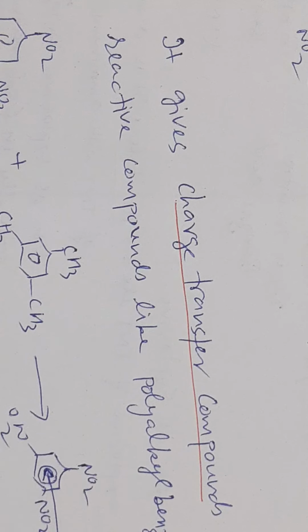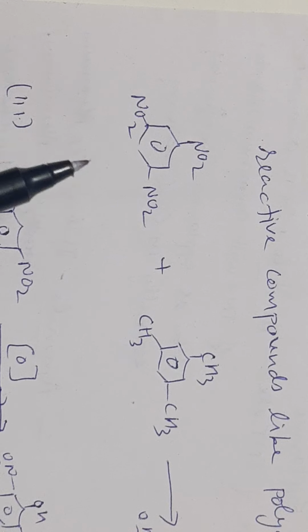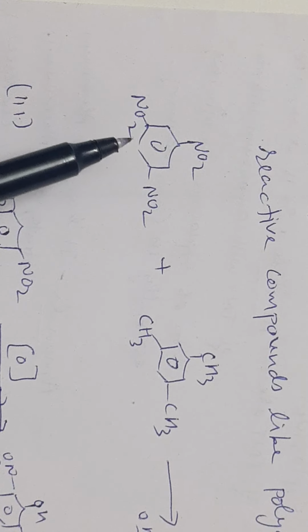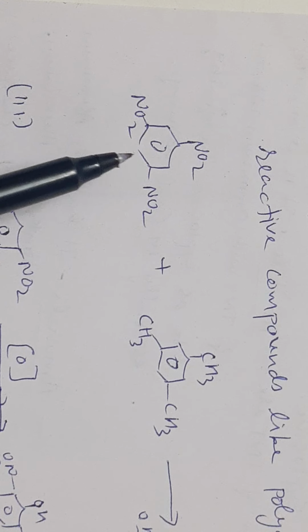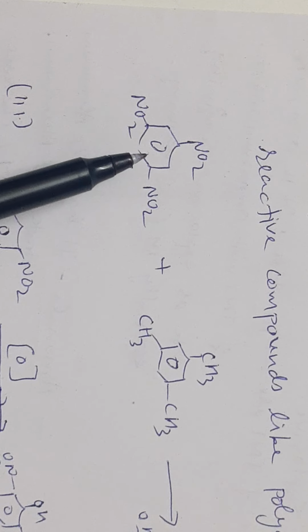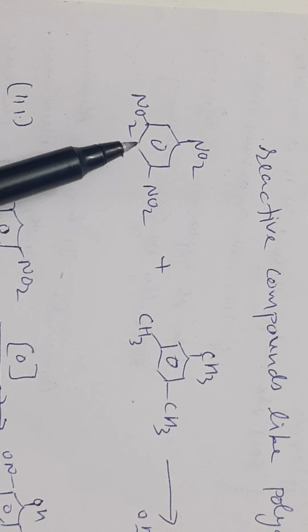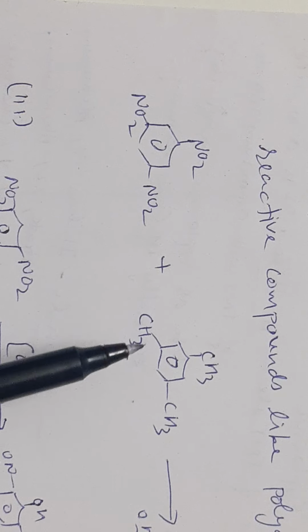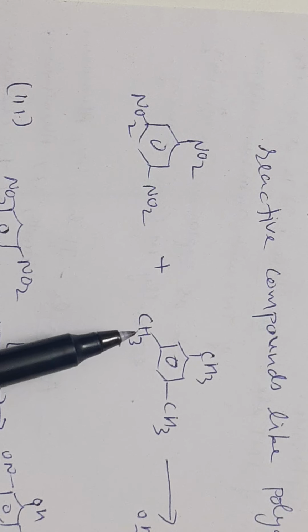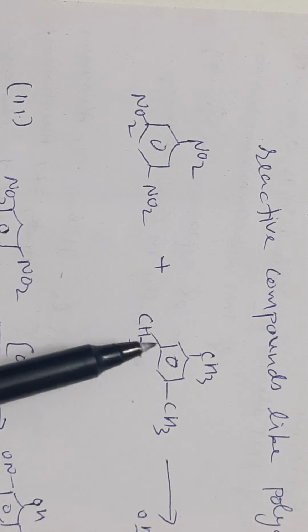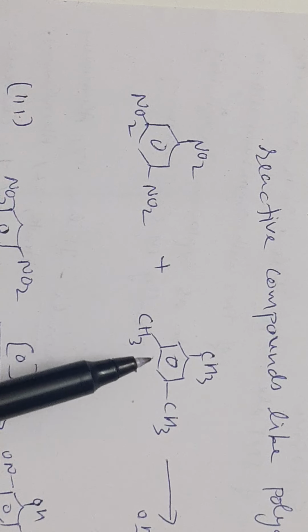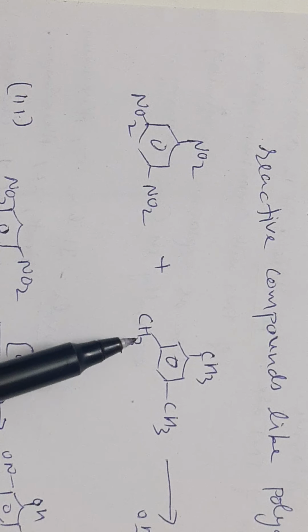It gives charge transfer compounds also, because we know that in TNB the three nitro groups on the benzene ring are electron withdrawing groups, and they decrease the electron density of the benzene ring. So the benzene ring has a very low electron density in TNB, and if it reacts with an electron-rich compound like trimethyl benzene or polyalkyl benzene, the methyl group has a plus I effect.